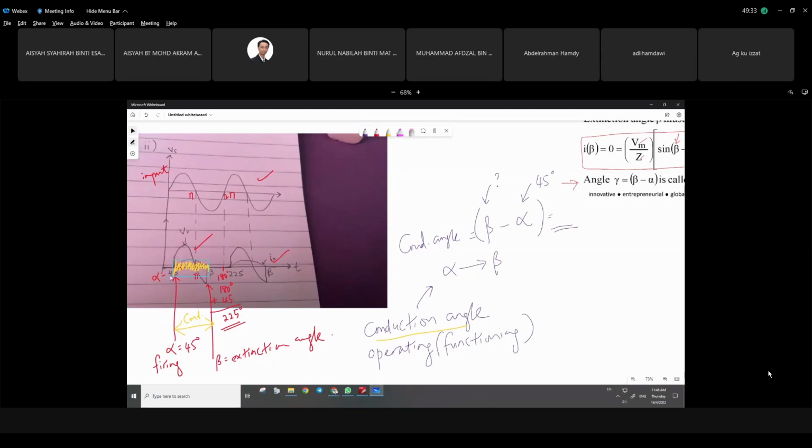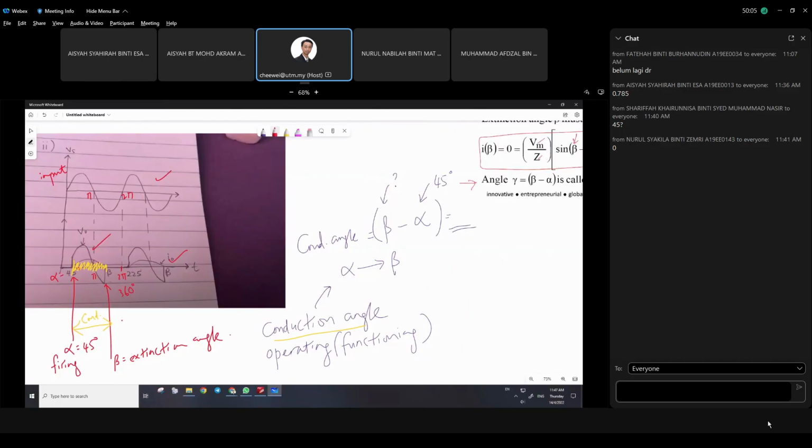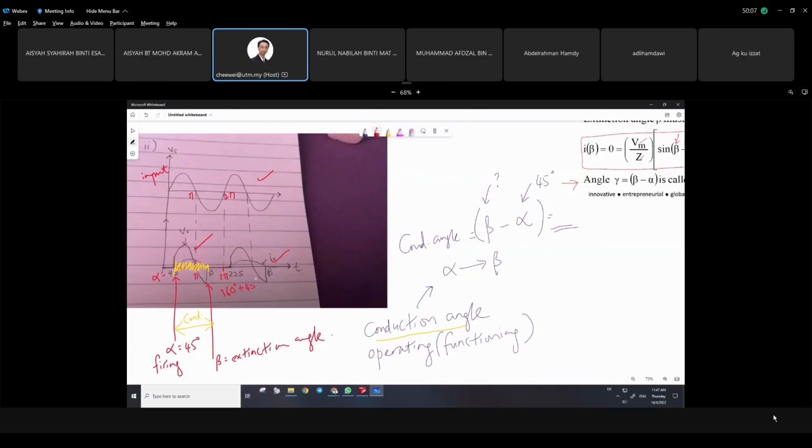Can you look at the diagram again? You see that alpha is 45 and then you go to pi, right? Here it should be 2 pi, this is wrong. What is 2 pi? 360. 2 pi is equivalent to 360 degrees plus 45.